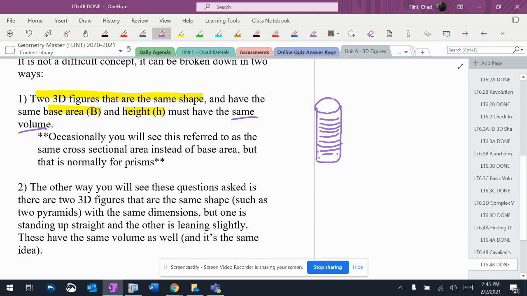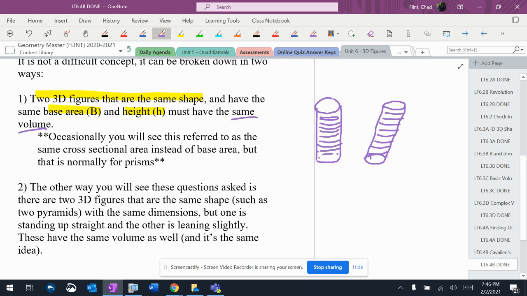If you took your finger and pushed at the top a little bit, the stack of quarters would start to lean, like that. Now, it's still the same quarters. They're just not all lined up anymore. So since it's the same quarters, nothing happened to it. It's the same volume. That's what Cavalier's principle basically is.